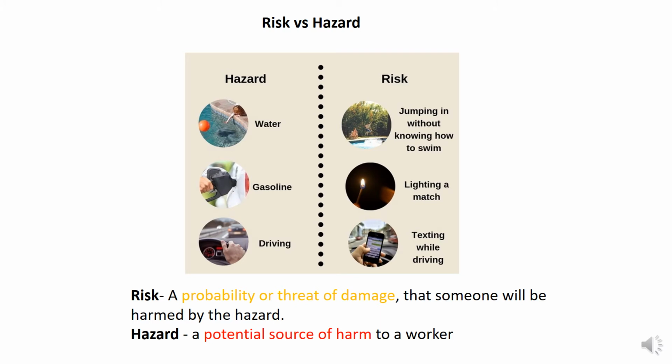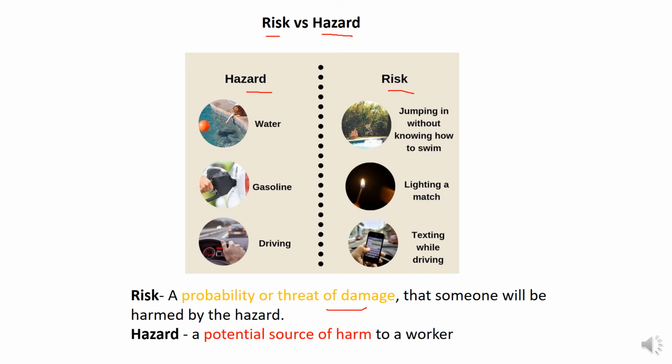And in this slide you can see risk versus hazard. You already understood hazards well in the last slide, but if we compare with risk, risk is actually the probability or the threat of damage. So this is a risk, it's a probability, not a sure thing, that someone will be harmed by a hazard.